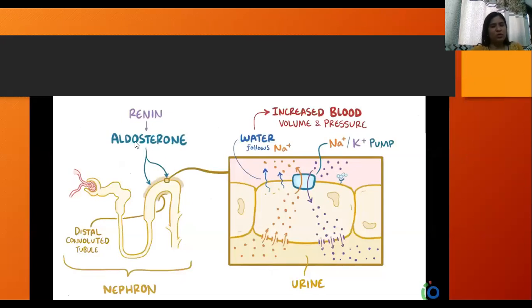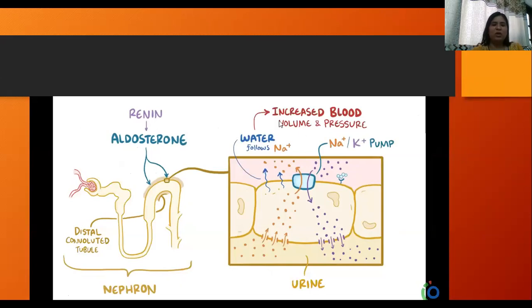This picture also shows how renin leads to the secretion of aldosterone through the adrenal cortex, which will act on the nephron, on the distal convoluted tubule, to cause reabsorption of sodium and water and excretion of potassium in the urine, right?